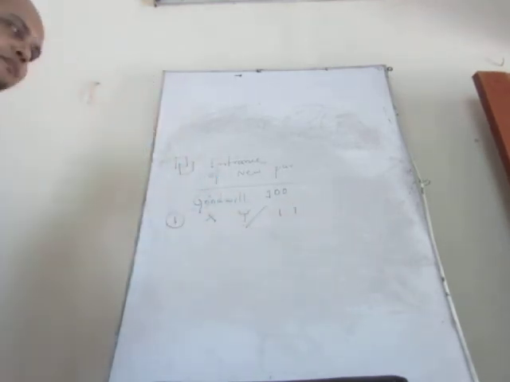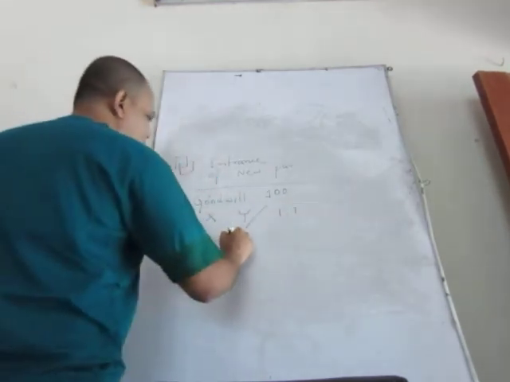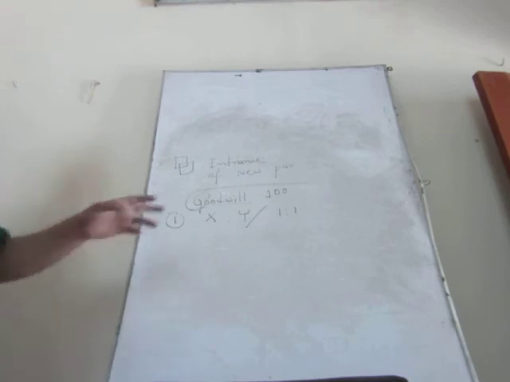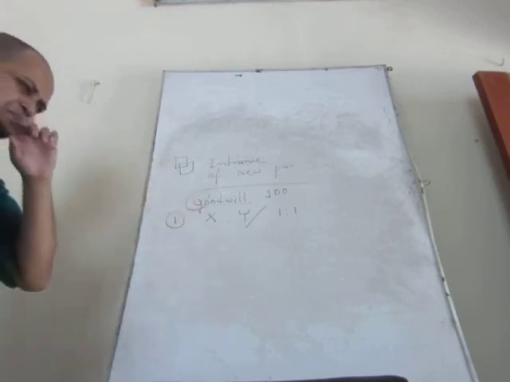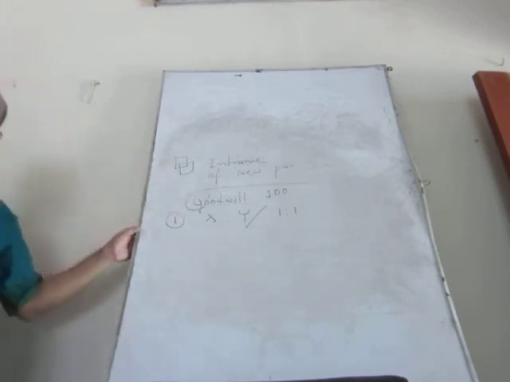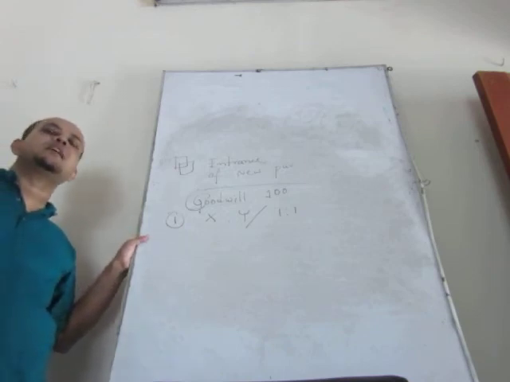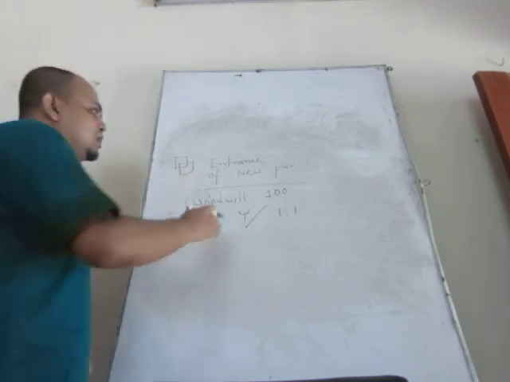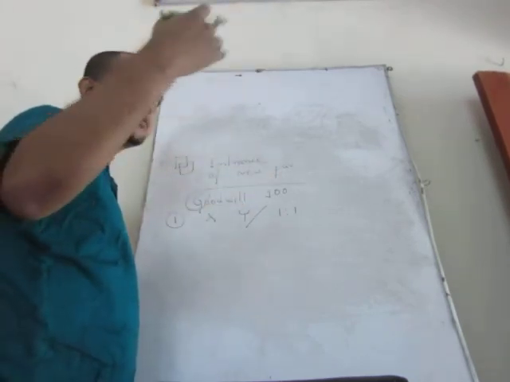Here we have discussed goodwill is a part of the extra amount rather than the net asset. Net asset equals capital, so you can say this is a part of capital also. So how will this goodwill be calculated?